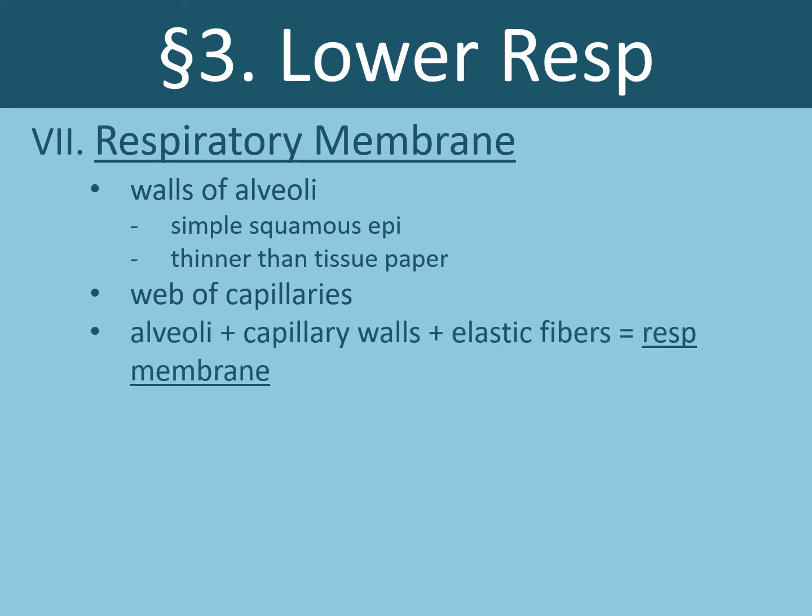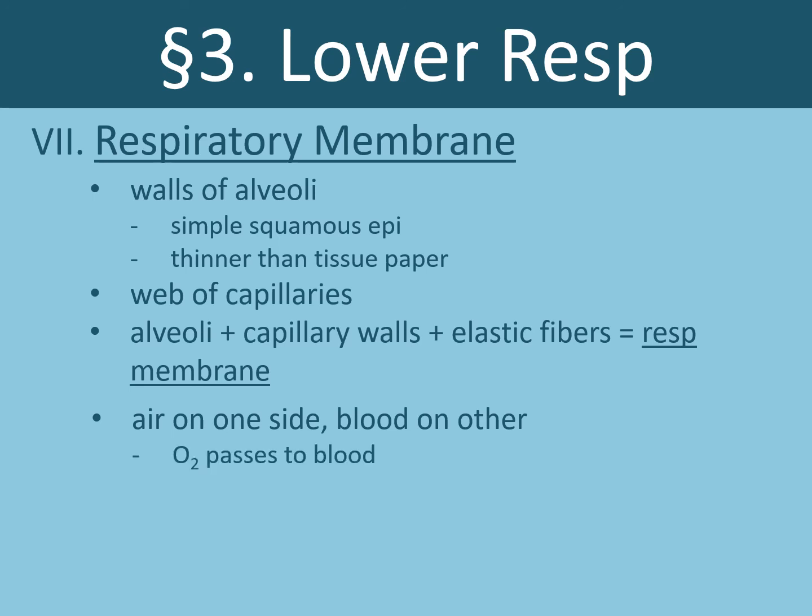The alveoli, the capillary walls, and some elastic fibers make up the respiratory membrane. On one side of the respiratory membrane is air in the lungs, and on the other is blood within the capillaries. Oxygen is going to pass from the alveoli into the blood, and CO2 will come from the blood and go into the air within the alveoli.